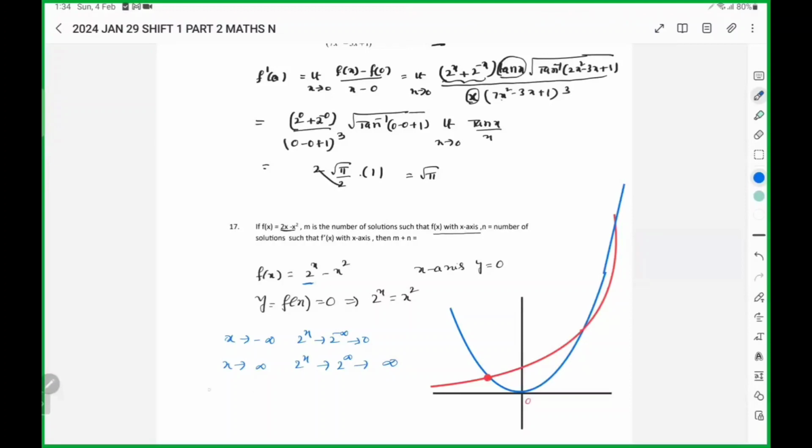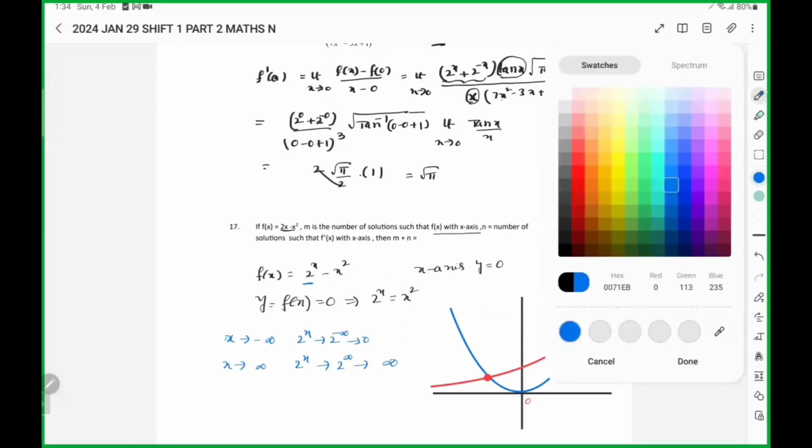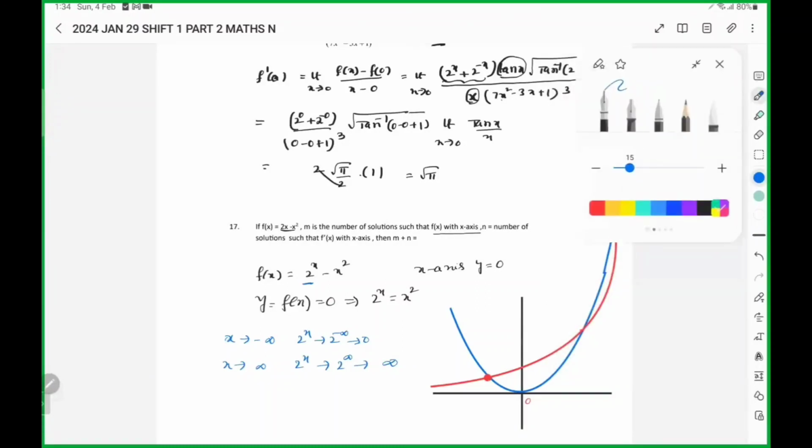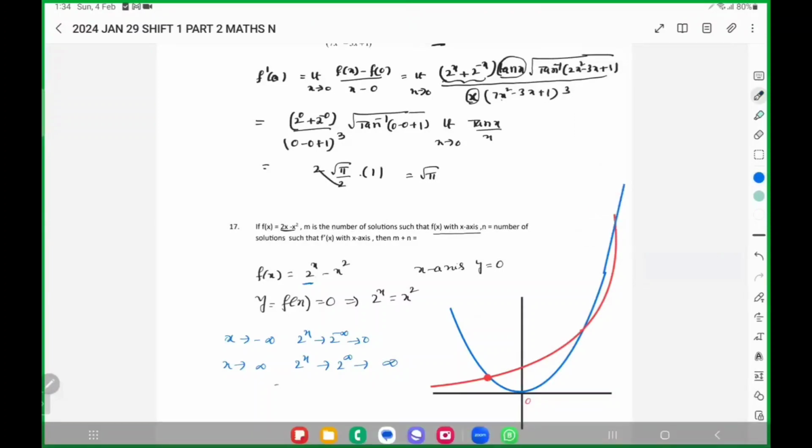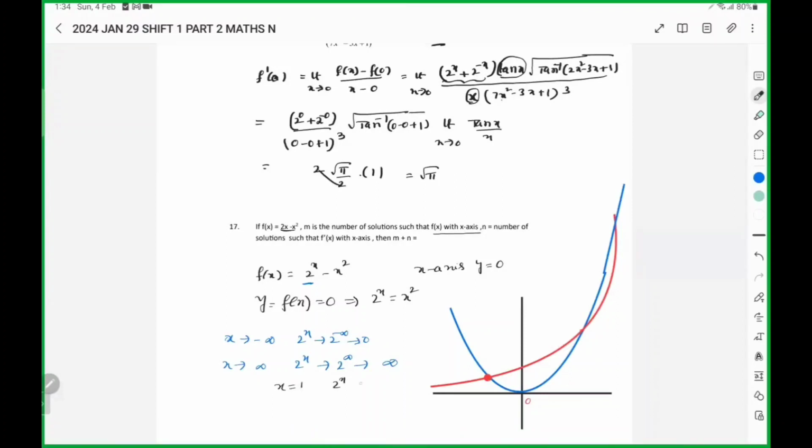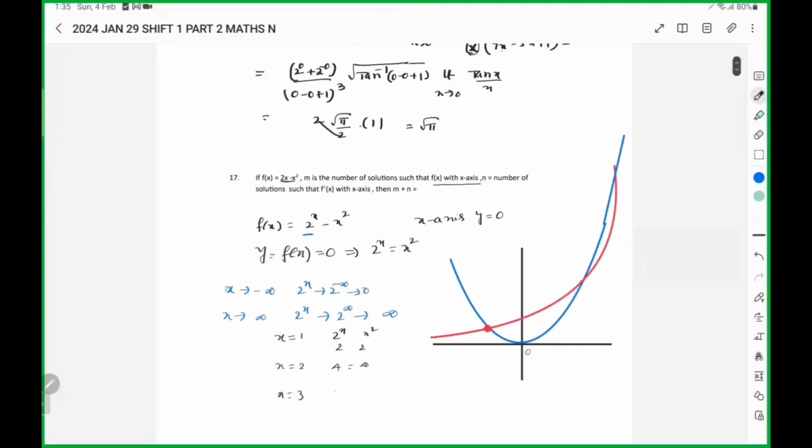See, for example, x is 1: 2 power x is 2 and x square is 1, so 2 power x is dominating. X is 2: here it is 4, 4 equal. X is 3: 2 cube is 8, and 9.